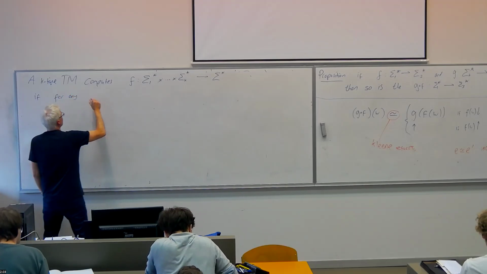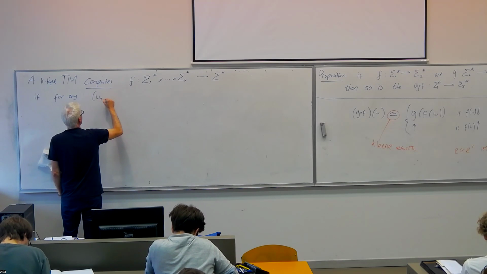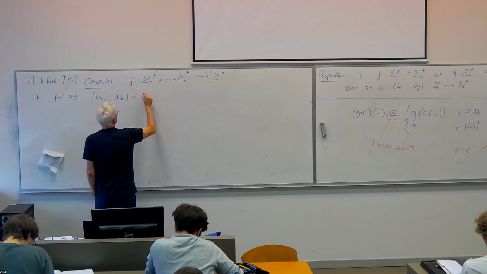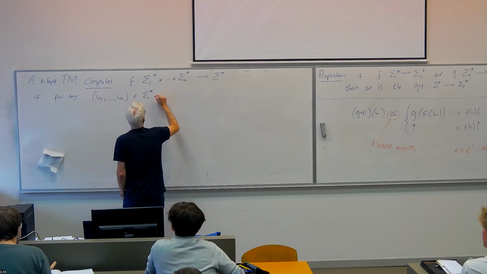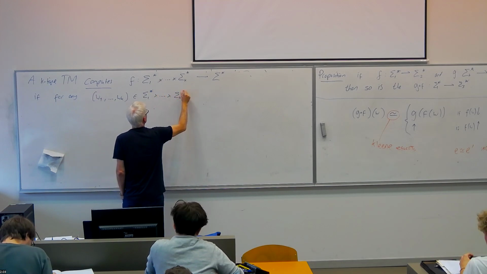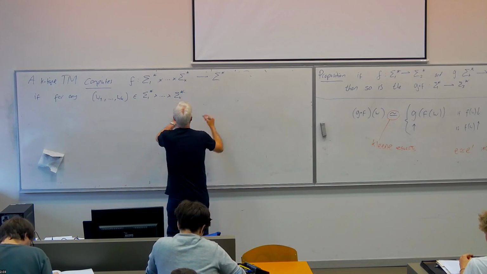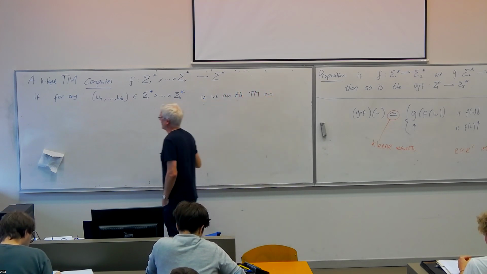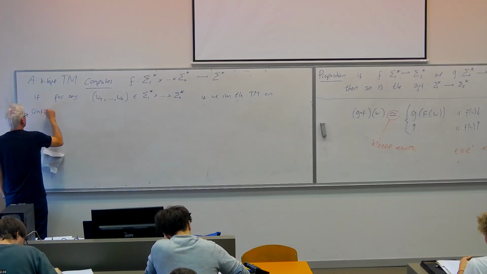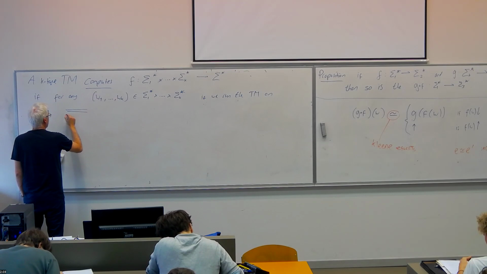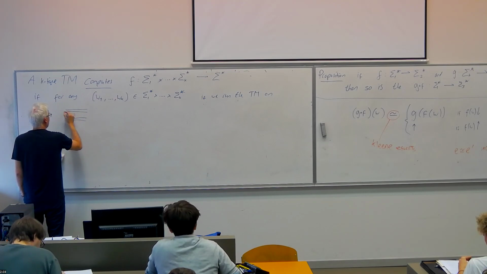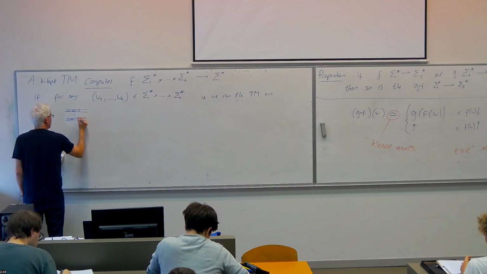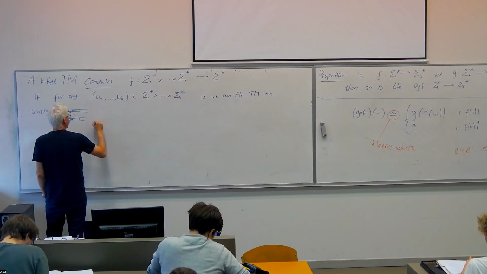for any tuple of input words, if we run the Turing machine on the starting configuration, where I'll write the k tapes like this: the first word on the first tape, the kth word on the kth tape, the heads always at the left, and we're in the starting state.